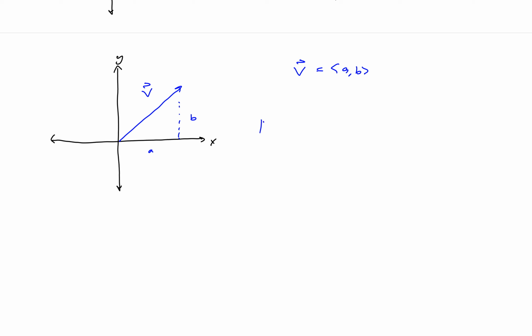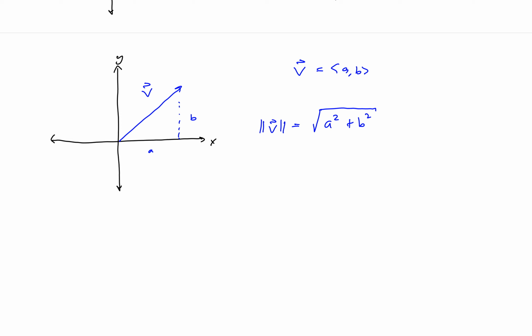So then the magnitude of v, well, we can just use the Pythagorean theorem, so this should be the square root of a squared plus b squared. So these are kind of our most basic operations on vectors. We're eventually going to move out of 2-space and into 3-space and higher, but these are our most basic ones for 2-space.